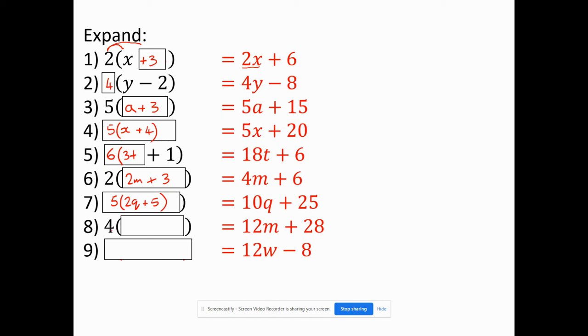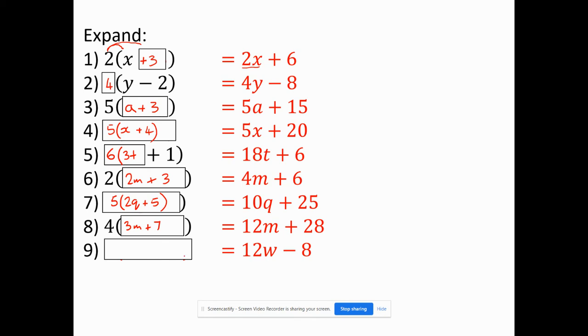And this one here, we've got 4 in front. Well, 4 times 3m will give us 12m. 4 times 7 will give us 28. And here we've got 12 and 8. And if we think about the times table that both of these numbers might be in, they're both in, well, the 2 times table, 2, 4, 6, 8, 10, 12.